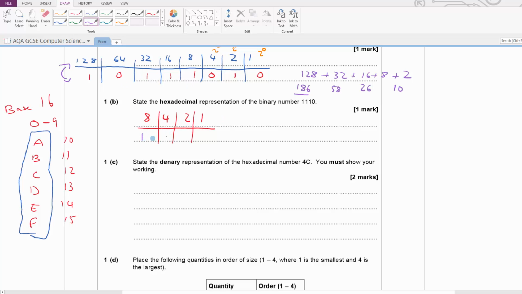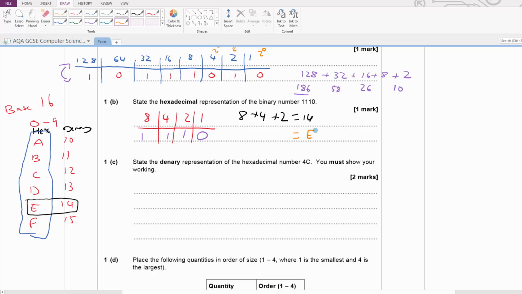So 1, 1, 1, 0. And now, same method to convert to denary, we just multiply it up. So this is just 8 plus 4 plus 2, which is 14. And then we can see here that 14 in denary is E in hex. So E is our answer.